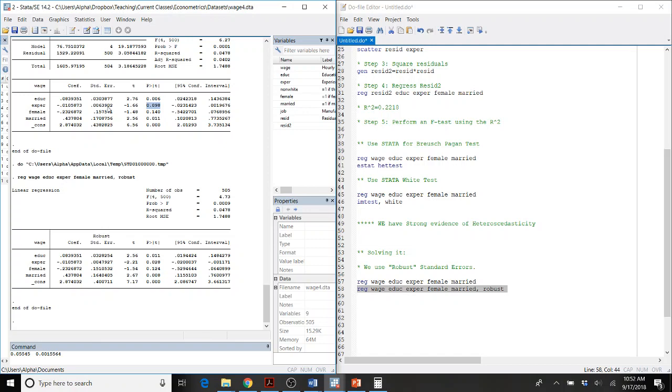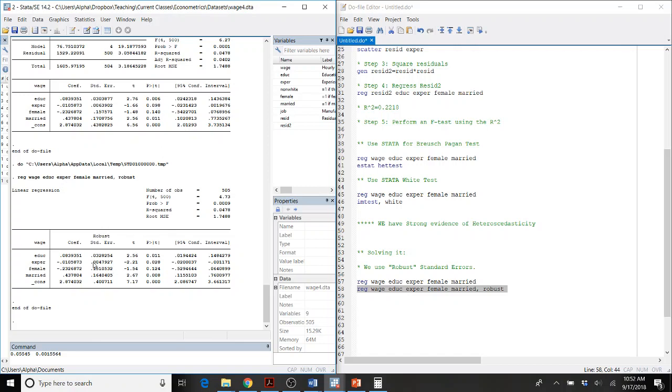This could be a big deal. Heteroscedasticity can actually make variables insignificant when they're actually significant. And so that would make us commit a type 2 error, right? In this case, we find that it's significant at the 10% level, but we know that it's biased. We know that the standard error is too big. That means we find it to be less significant than it really is.